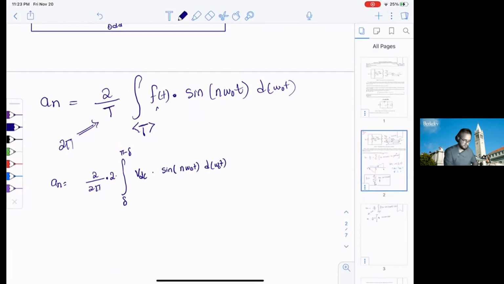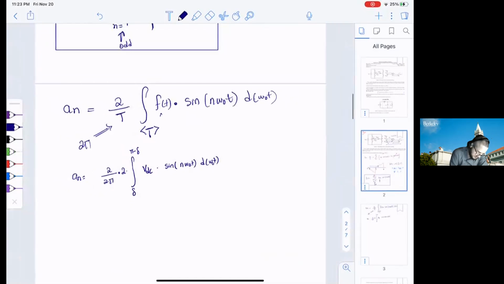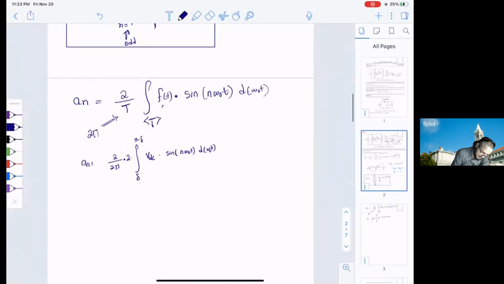Okay, so I can factor out the VDC. So a of n is equal to, taking it out, I'm going to cancel this 2 with this 2, and then I'm going to have 2 VDC over pi.